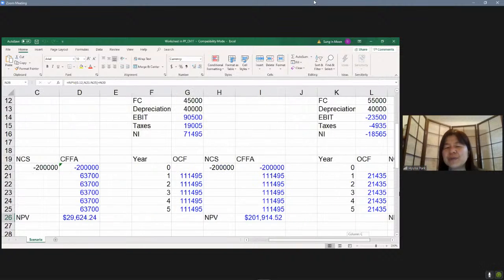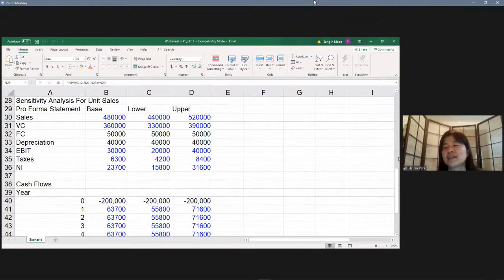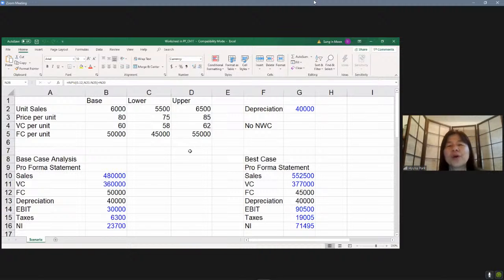So these three NPVs, can you calculate using the numbers written in black? So let's start with the easiest case, the base case analysis. So ignore the range and just focus on calculating the NPV for the base case using just the given numbers.